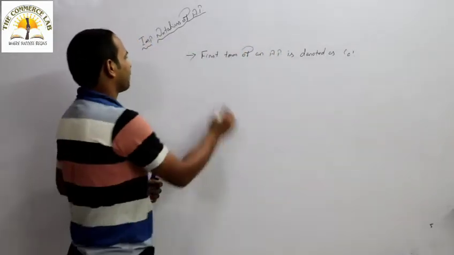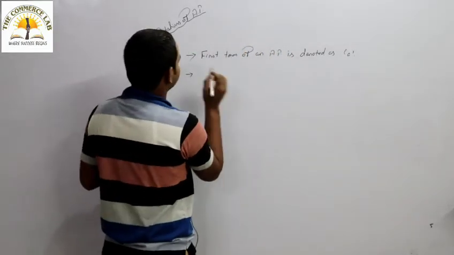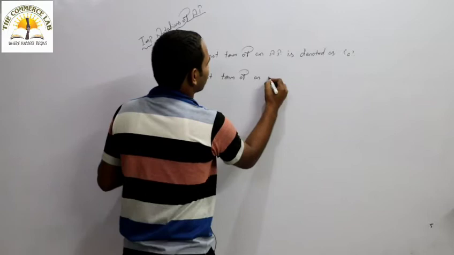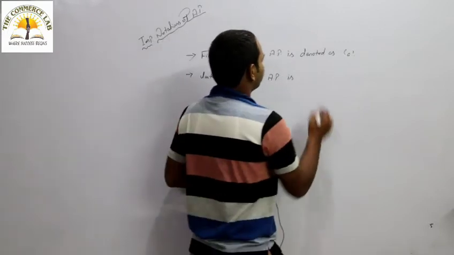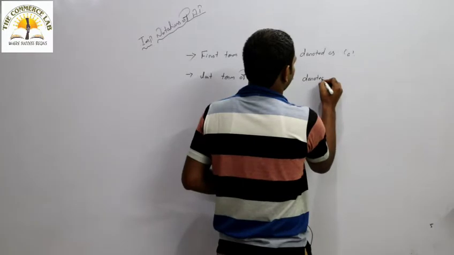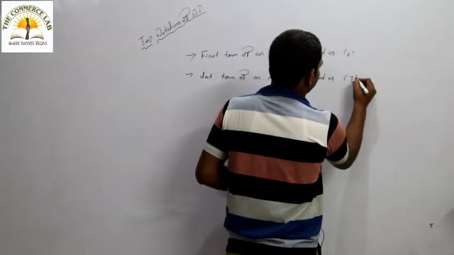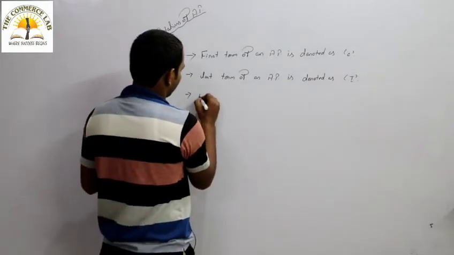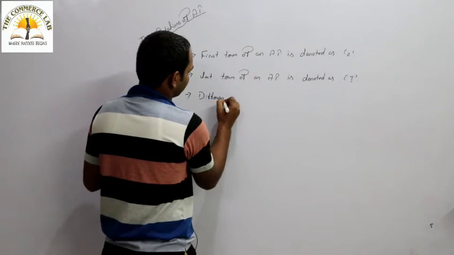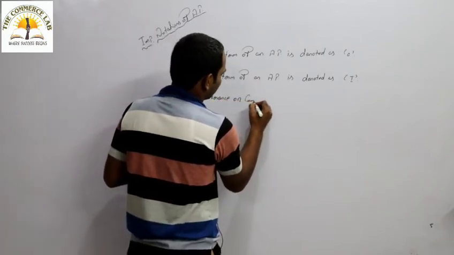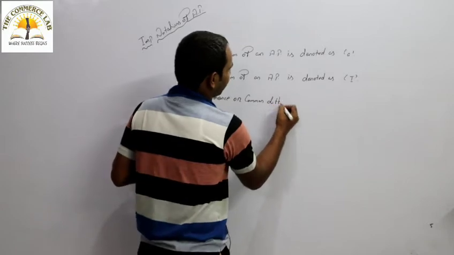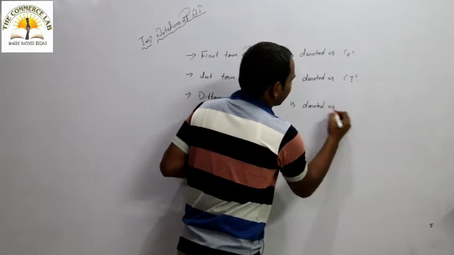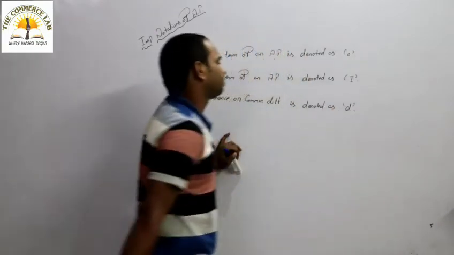The last term of an AP is denoted as capital I. The difference or common difference is denoted as small d.